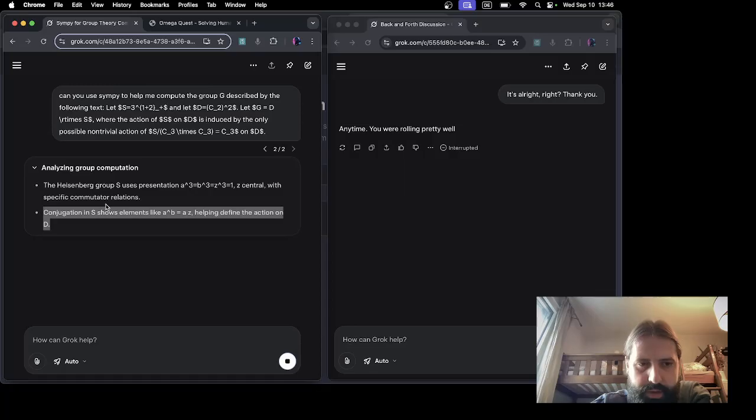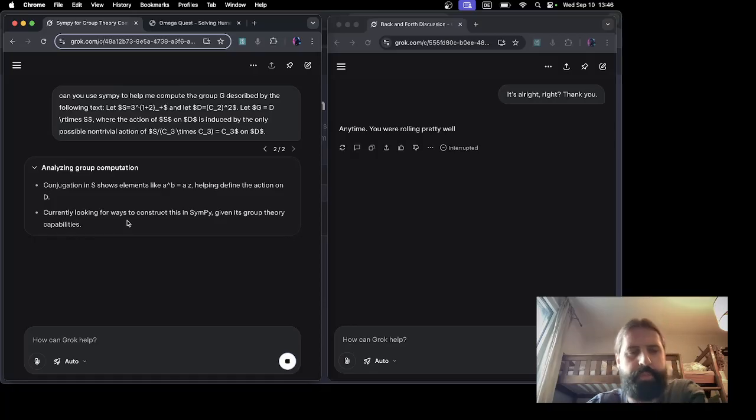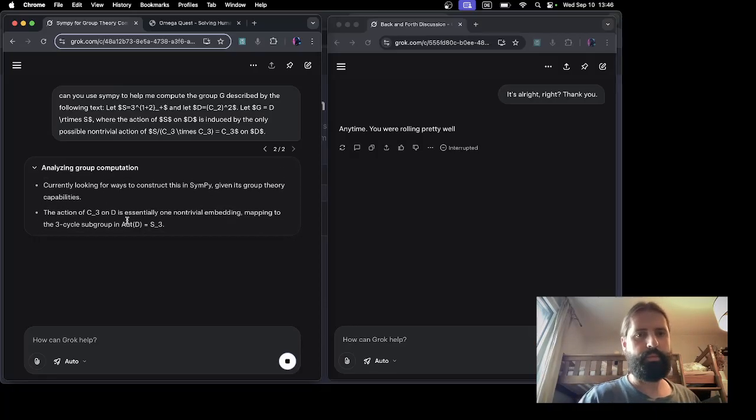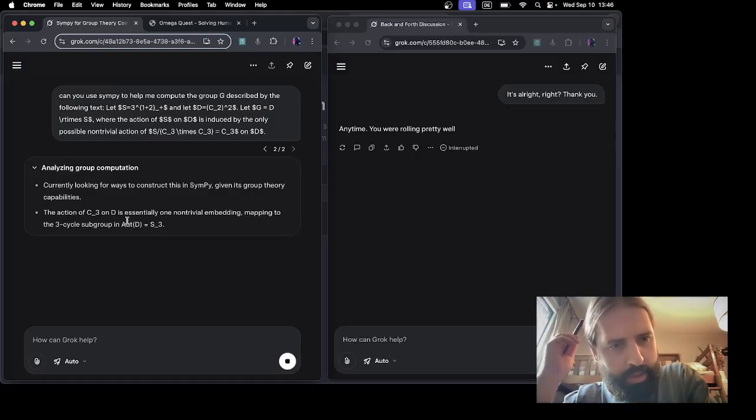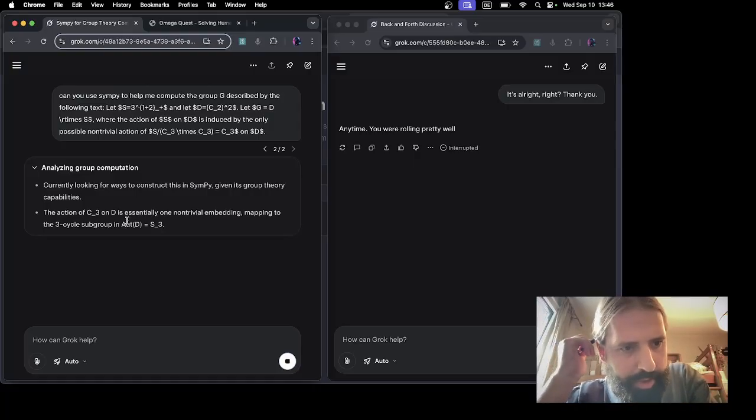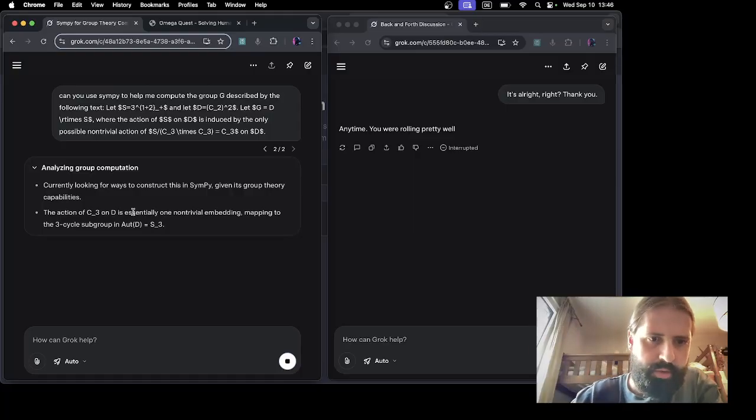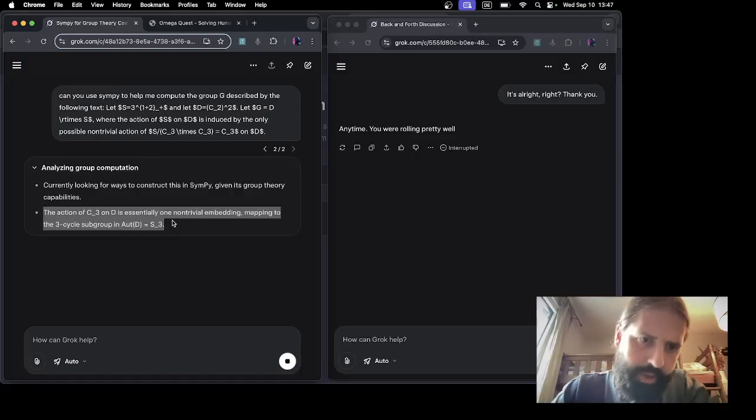I'm not so sure about these. Currently looking for ways to construct these in SymPy given its group theory capabilities. Is essentially one non-trivial embedding mapping the 3-cycle subgroup. Yes, I believe that's correct from some of the old videos.